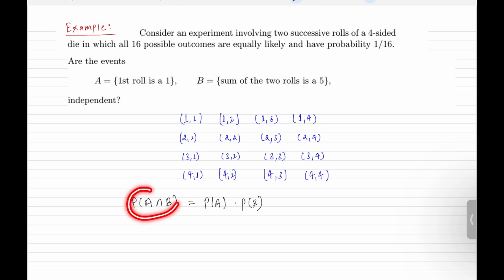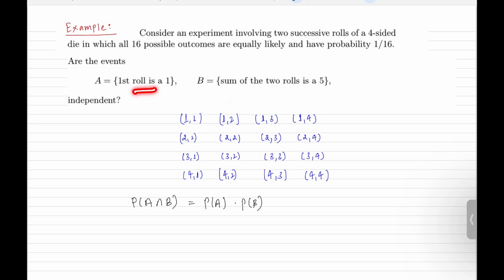First of all, we need to find this joint probability and the individual probability of each event. Now let's first focus on the joint probability, that is the probability of events A and B. So what's event A? Event A is that the first roll is 1.